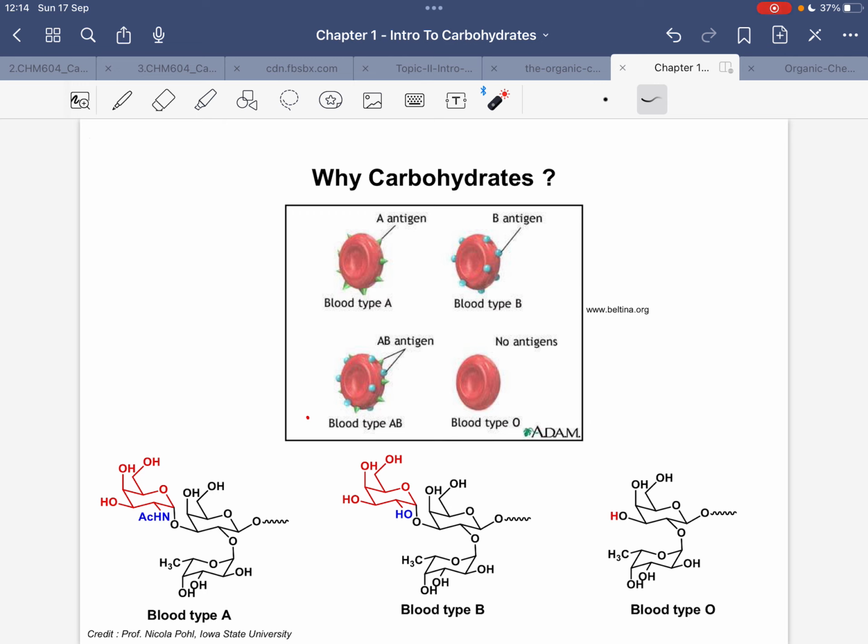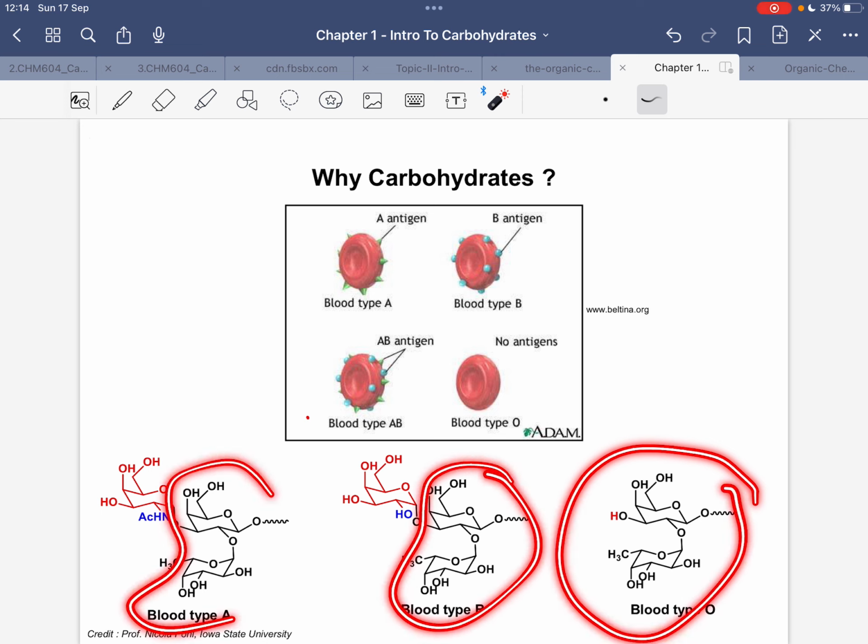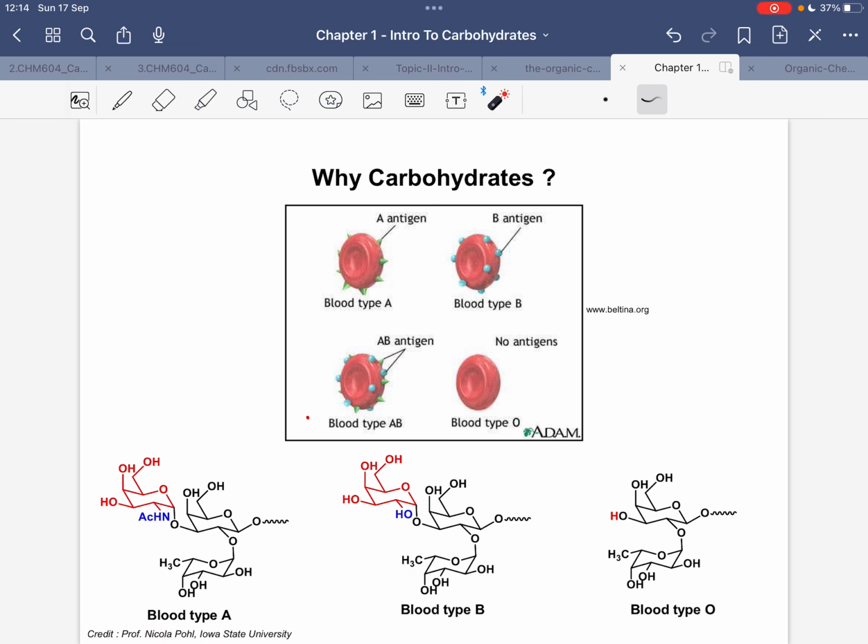Like for example, si blood type A, blood type B, and blood type O, same sila sugar units, but nag-differ lang sila sa isa ka sugar unit. Like for example, si blood type A, ang iyang third sugar unit sa iyang structure sa antigen is N-acetyl glucosamine.